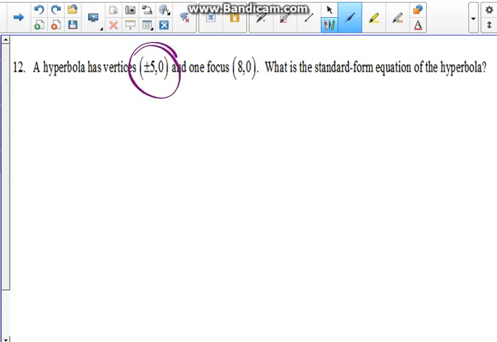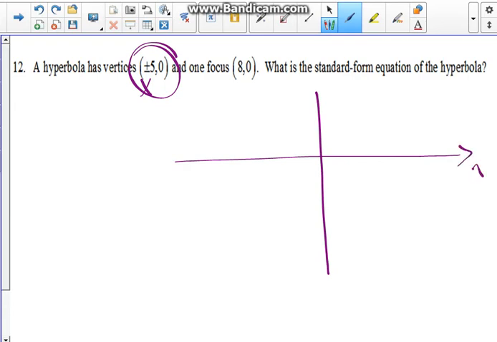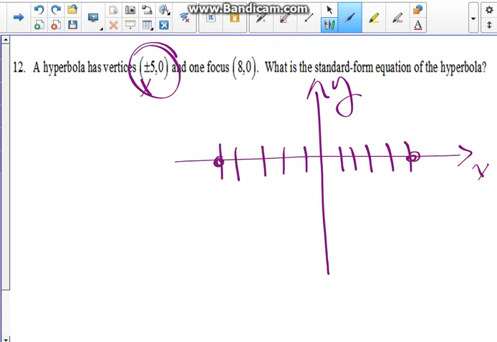Well, it says its vertices are on the x-axis, at 5, 0 and negative 5, 0. So that's its vertices, and it has one focus point of 8, 0. So out here is its focus.